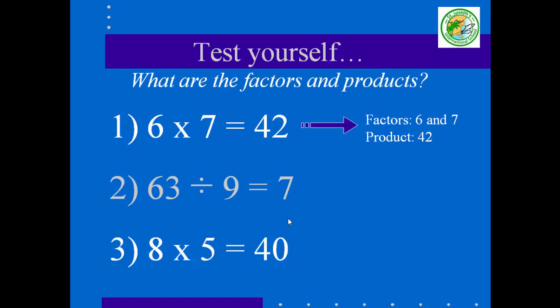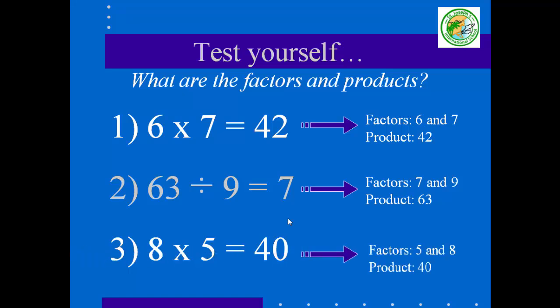Number 2. 63 divided by 9 equals 7. The factors here are 9 and 7, but the product is 63. Number 3. 8 times 5 equals 40. The factors here are 8 and 5, but the product is 40.